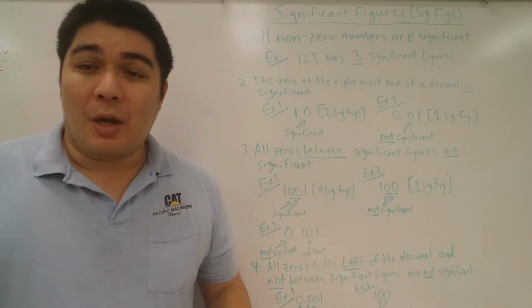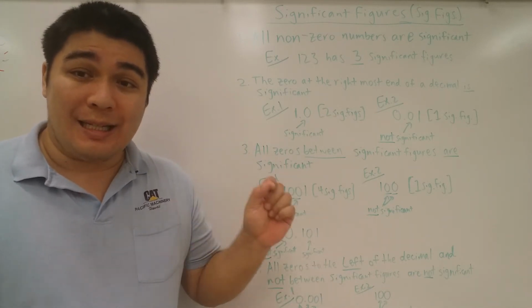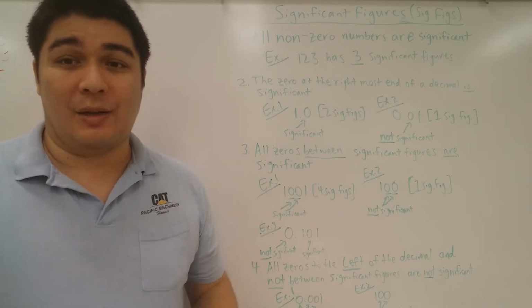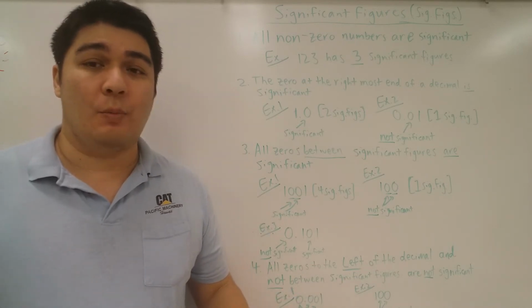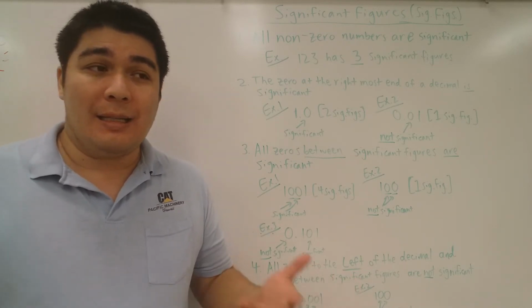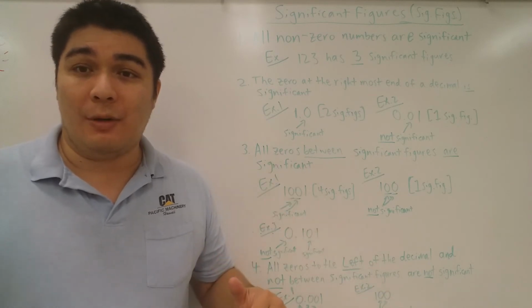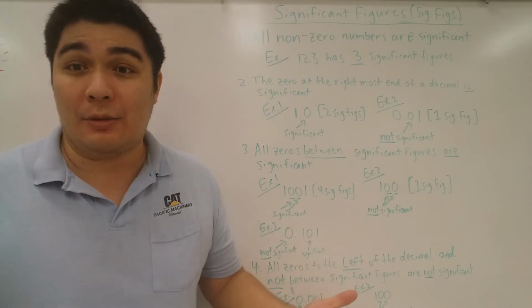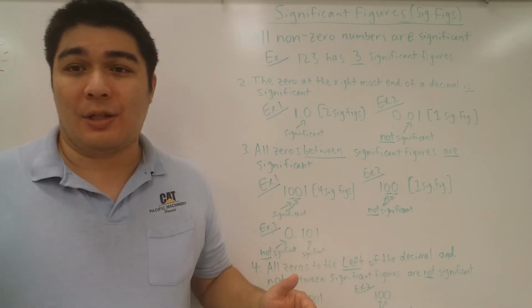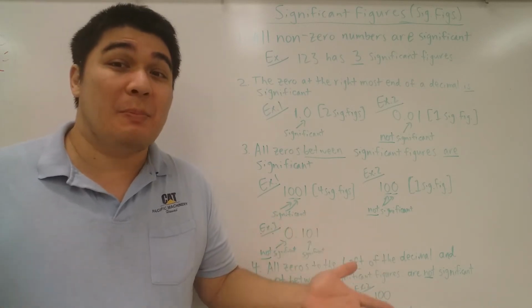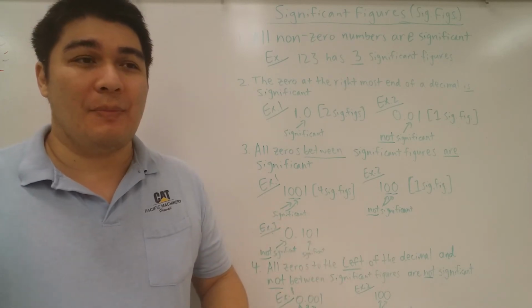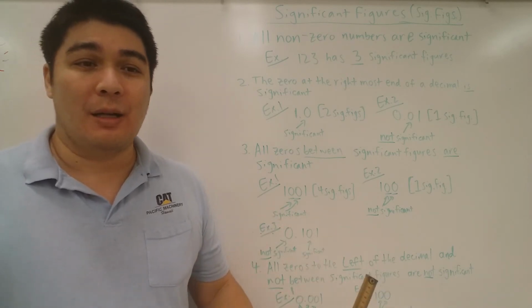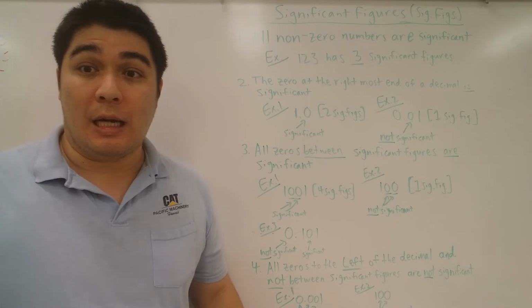Rule number 3: all zeros between significant figures are significant. So, for example, if I had 101, it wouldn't do for me to drop that 0, because then my number would be 11. If I said I was 101 kilograms, and then I dropped the 0 and just said I was 11 kilograms, that's a big difference, and that would have major effects even just in our economy.